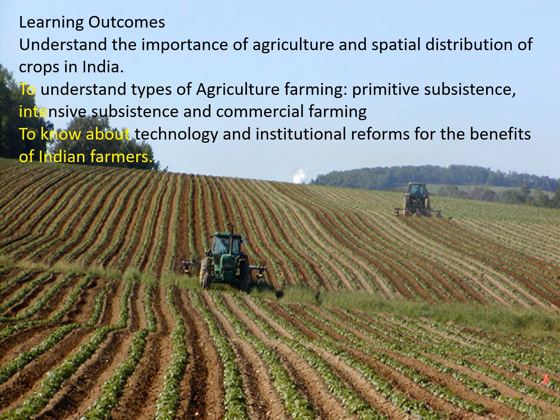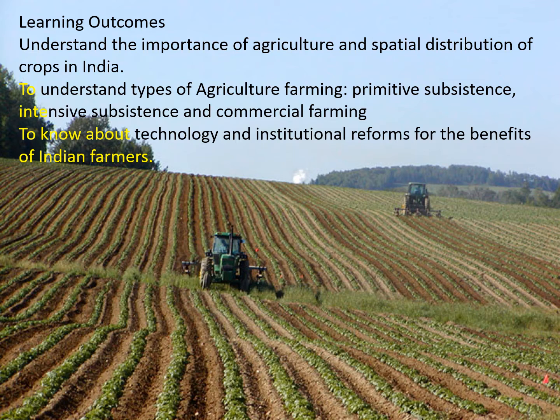Last time you had learned about certain other topics in agriculture, and today we're going to continue with agriculture. But before we do so, we're going to talk about the learning outcomes. We need to understand the importance of agriculture and its spatial distribution of various crops in India, to understand the types of farming, like primitive subsistence farming, intensive subsistence farming, and commercial farming.